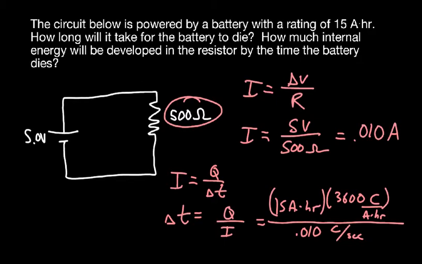This is a great time to double check and make sure our units work out, that we haven't done something funky here. So we've got hours on top here, cancels with hours on bottom here. Amps on top here, cancels with amps on bottom. Coulombs on top and coulombs on bottom cancels. So we're left with 1 divided by 1 divided by seconds. So no units divided by no units divided by seconds.